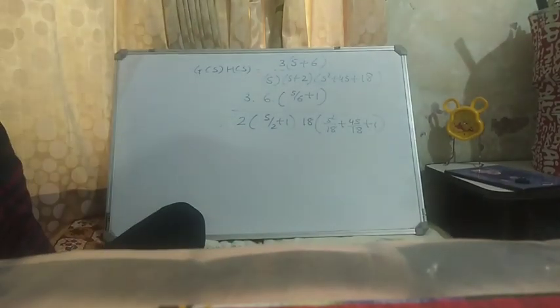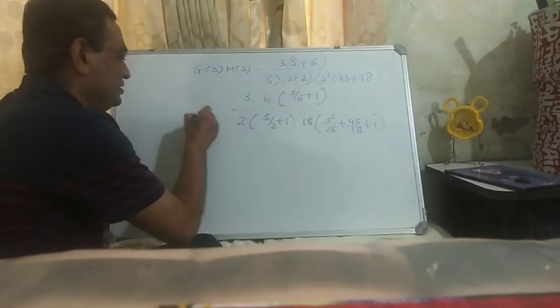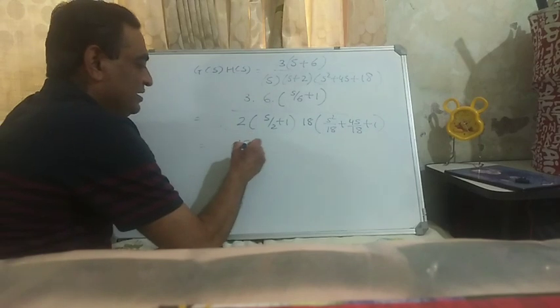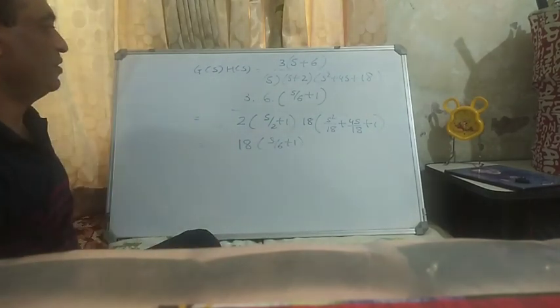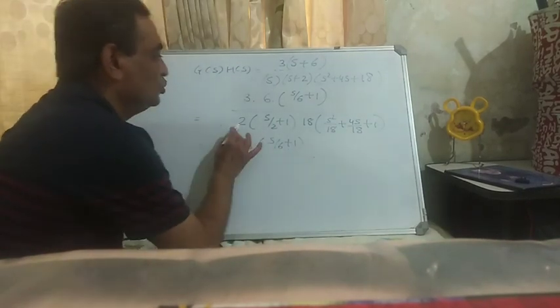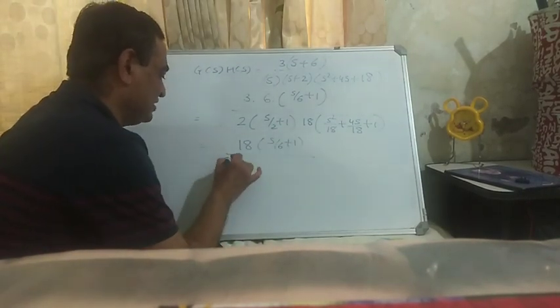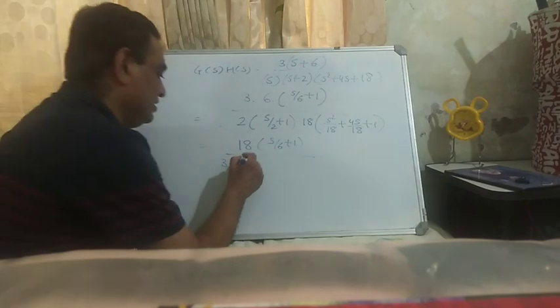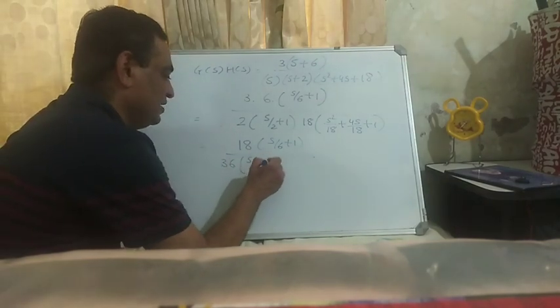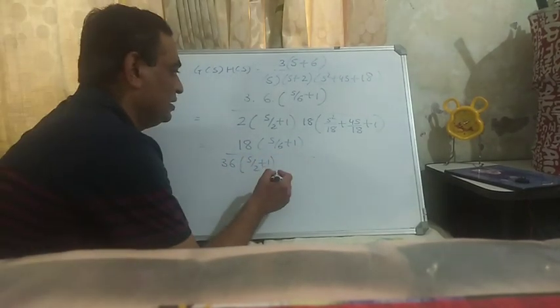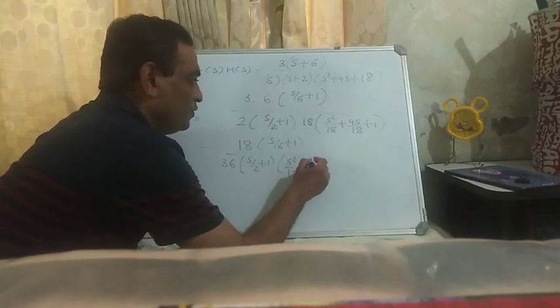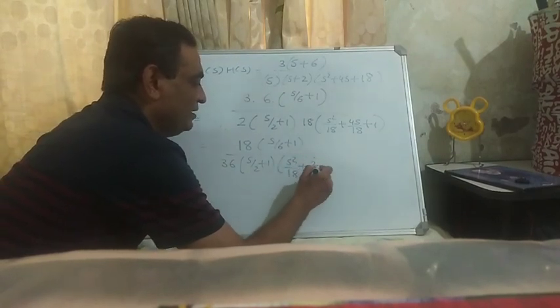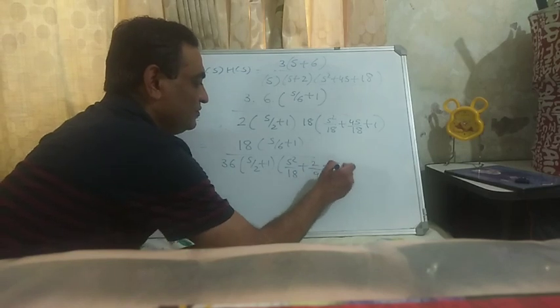So now, 3 into 6 is 18 into s by 6 plus 1. Then 2 into 18 is nothing but 36, then s by 2 plus 1, into s square by 18 plus 4 by 18, which is 2 by 9 s plus 1.